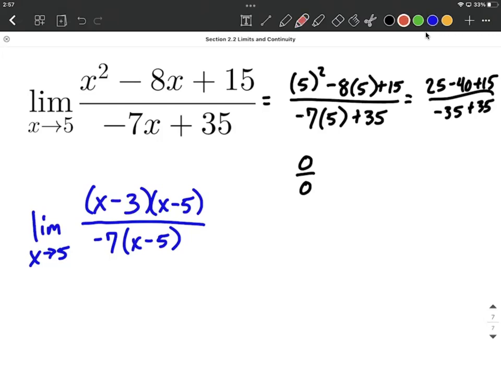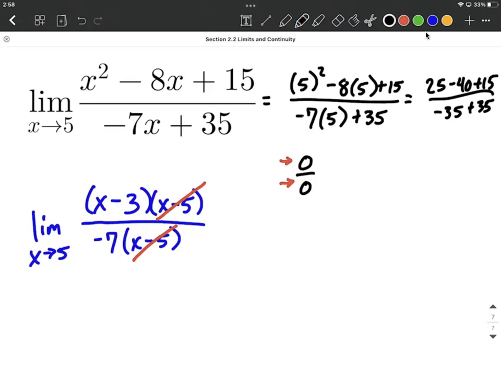All right. Now that we see that we have an x minus 5 in the numerator and denominator, we can put this in lowest terms by eliminating that common factor. And that kind of came from the 0 over 0. We sort of knew that we were going to be able to find a common factor between numerator and denominator.